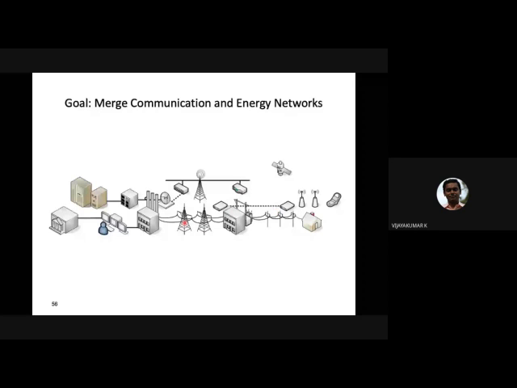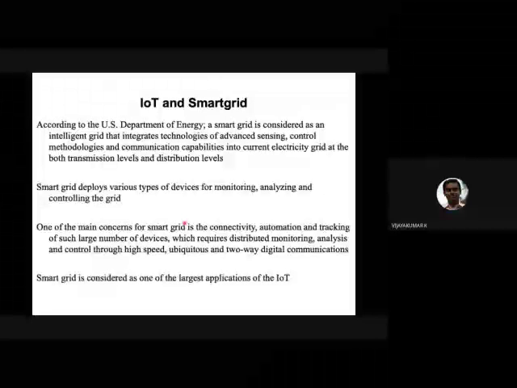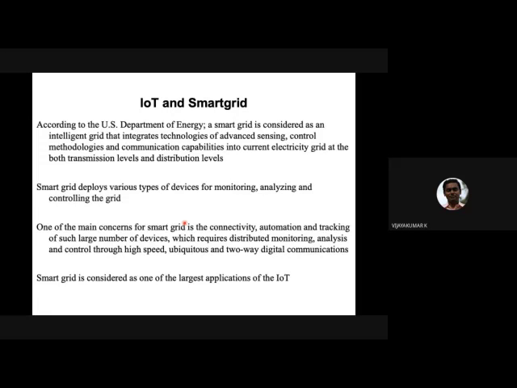Yeah, there are a lot of definitions for smart grid. As per the US Department of Energy, a smart grid will be considered as an intelligent grid. If you say it's intelligent, you are incorporating intelligence into the system. That makes an intelligent grid that integrates advanced technologies. If you are making it intelligent, your sensing should be very efficient.